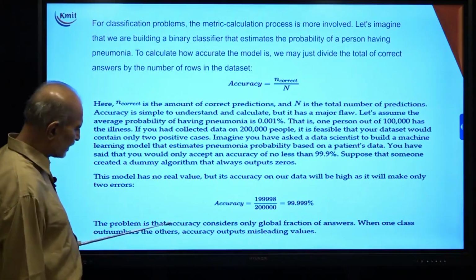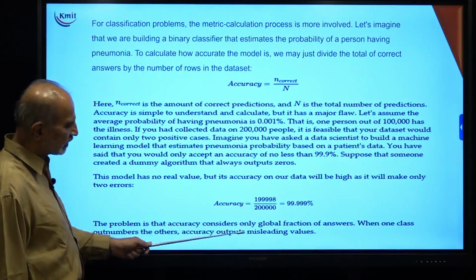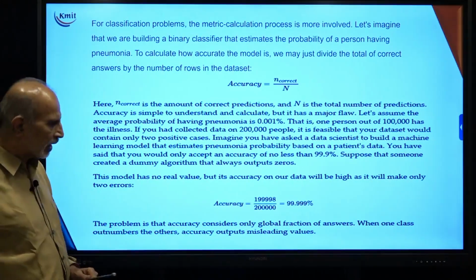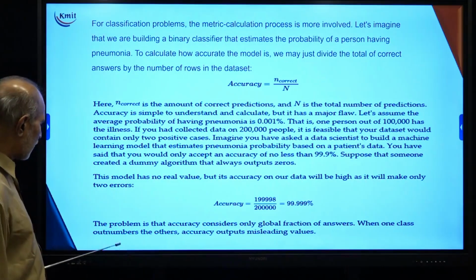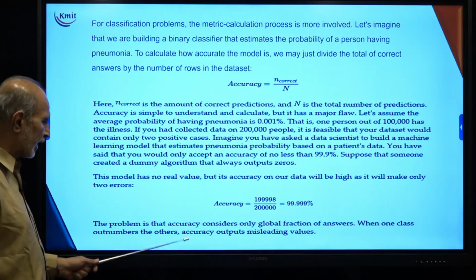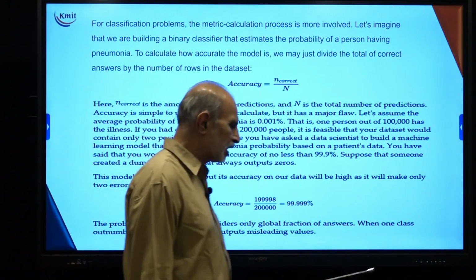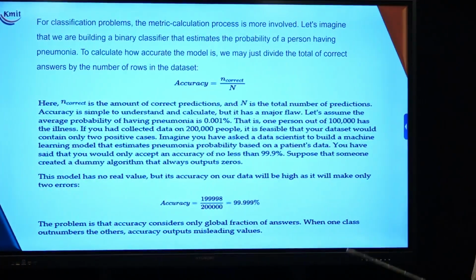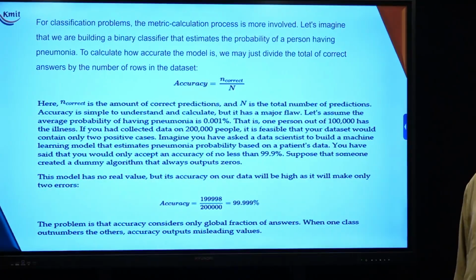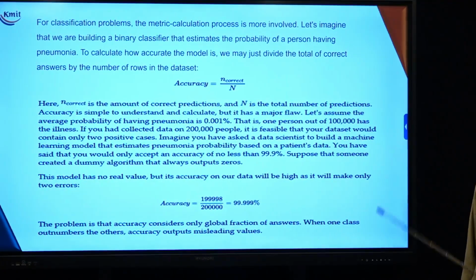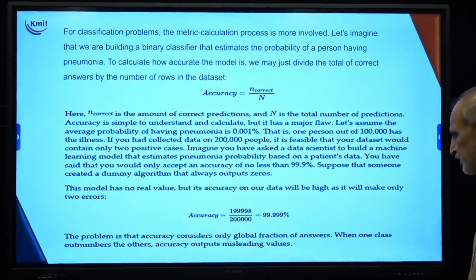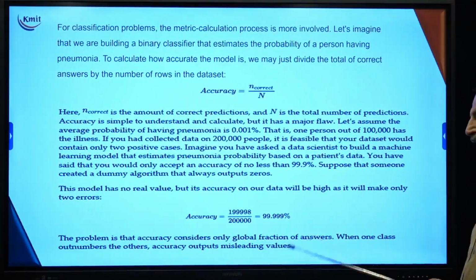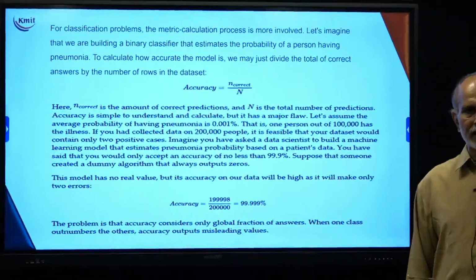The problem is that accuracy always considers only the global fraction of the answer. When one class outnumbers the other class, accuracy is a misleading value. So, accuracy will not give you a correct picture of the model performance many times when the classes are imbalanced. What is meant by class imbalance?